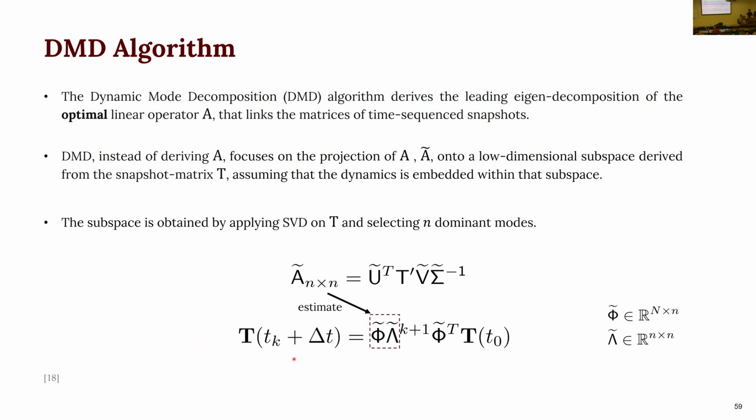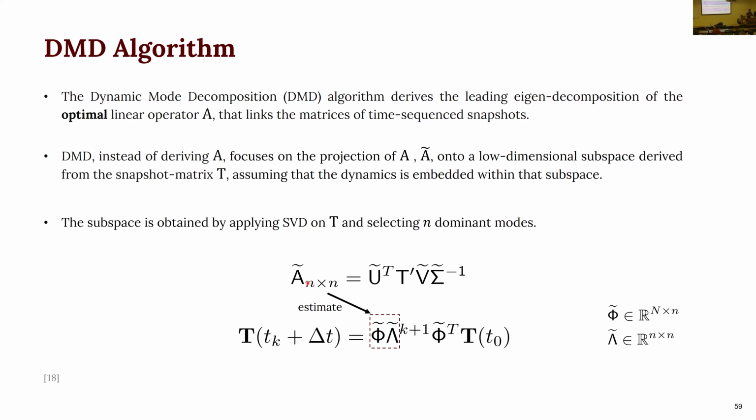But what was the objective? It was to go from T at time T0 to Tk plus delta T. Previously, I showed an expression where you didn't have these tildes on phi or lambda. Once A tilde is formulated in this way, because it's a small matrix, we can find the eigenvalues and eigenvectors of A tilde very easily.